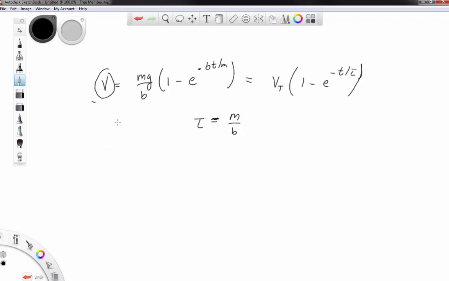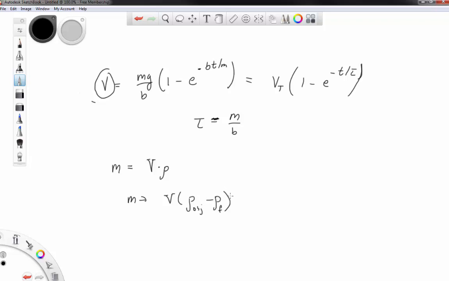So this is the rough approximation for what v would be. You can, of course, modify it because m is really the volume times the density. And so actually, if you want to include the buoyant force, then m becomes volume times density of the object minus density of the fluid.